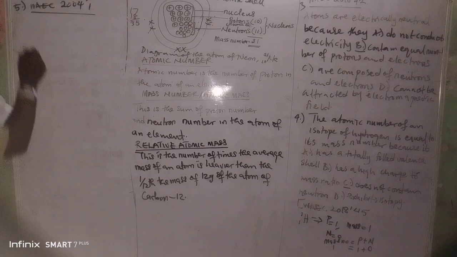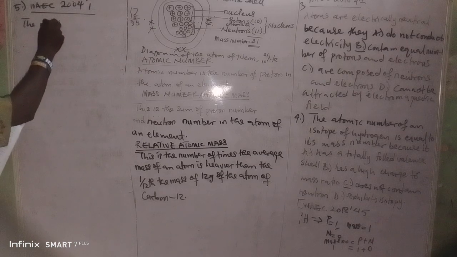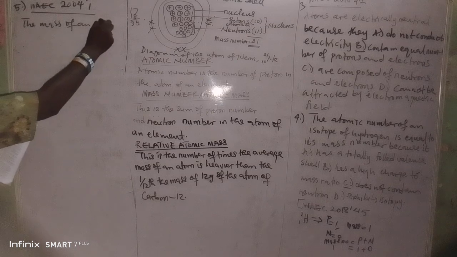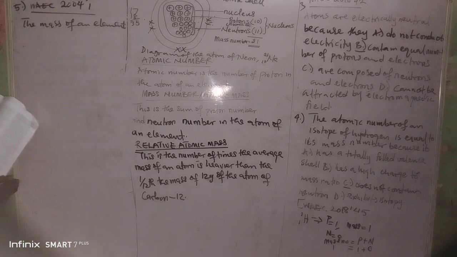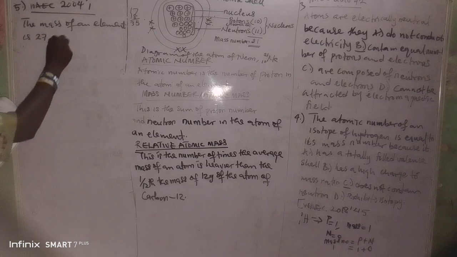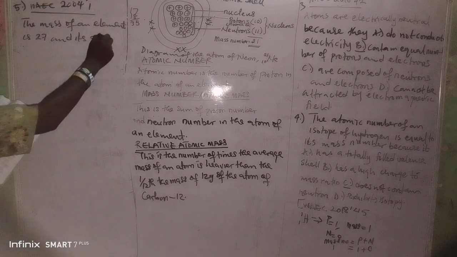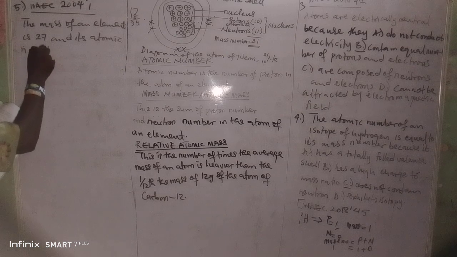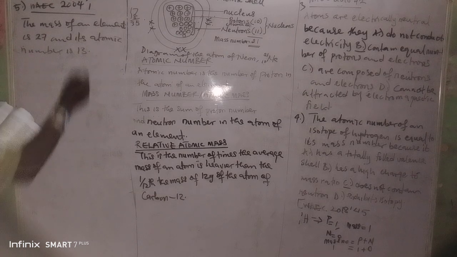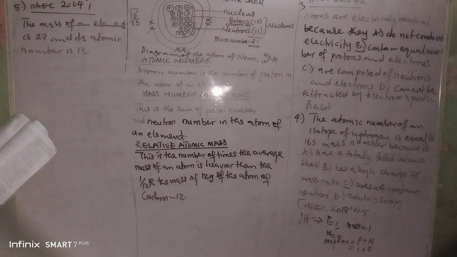The mass number of an element is 27, and its atomic number is 13. What is the composition of the nucleus of its atom?